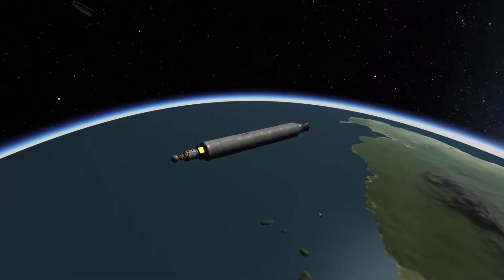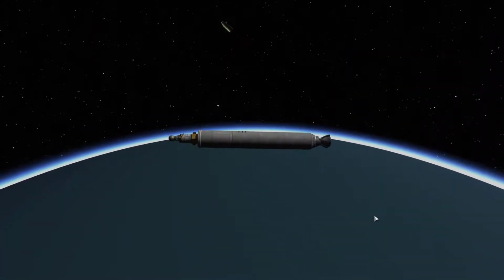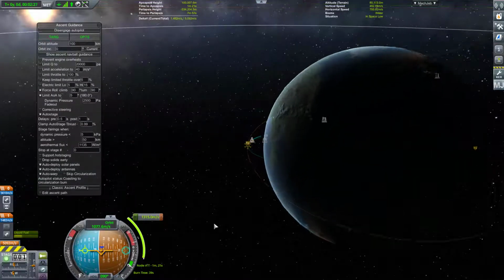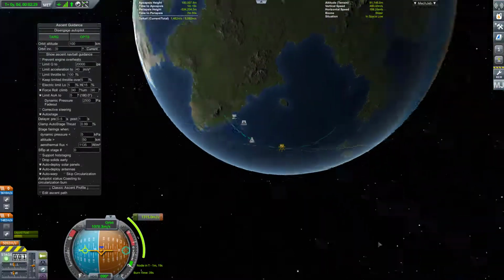Alright, so at this point we've reached space, and we're just going to coast up to that highest altitude, the apoapsis, to then once again burn to circularize, to stay in orbit.